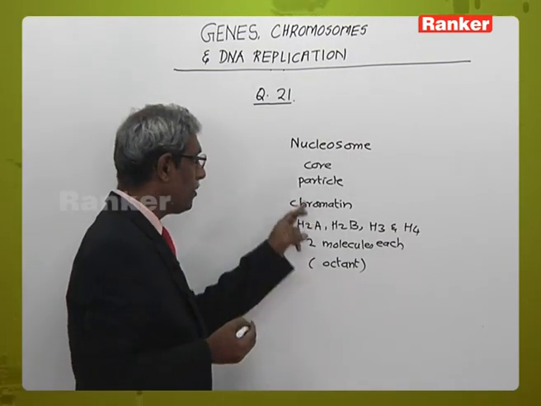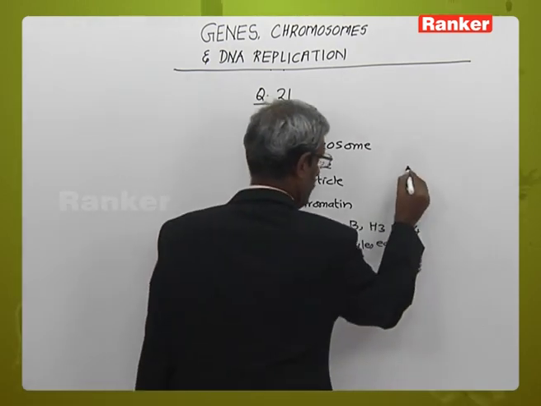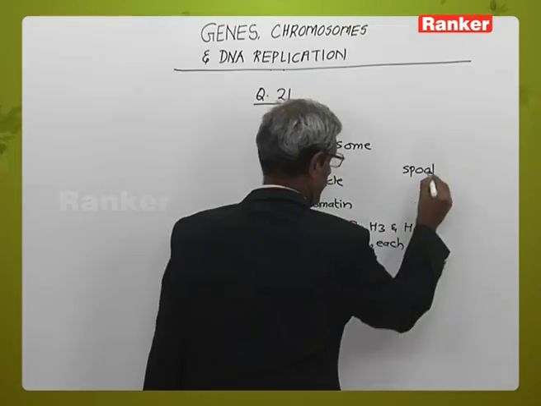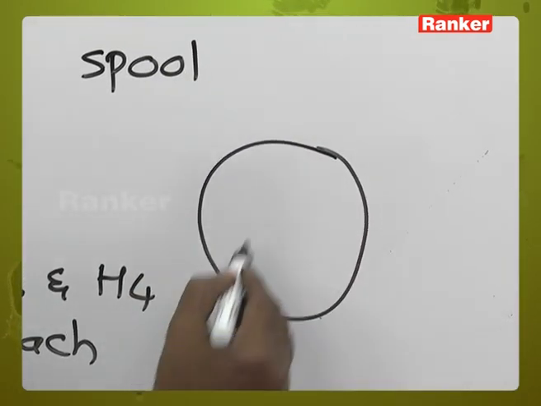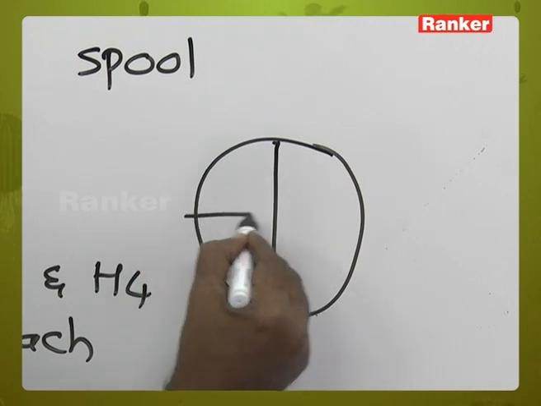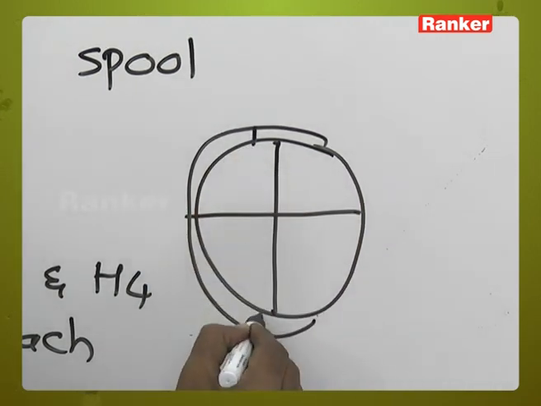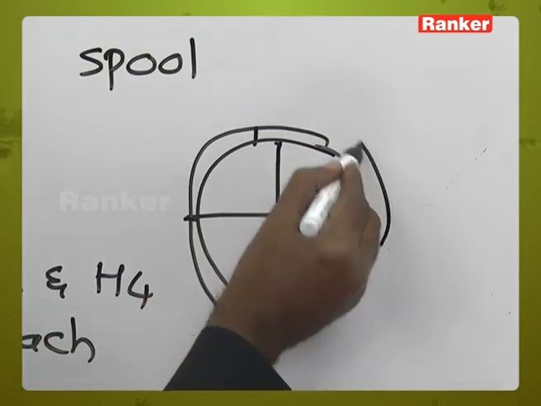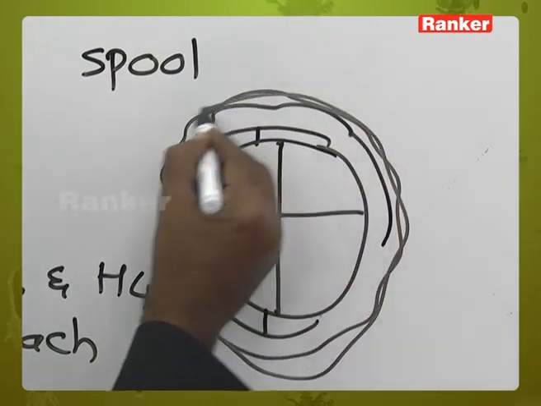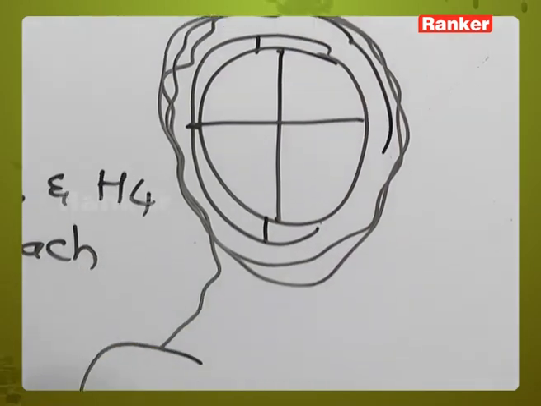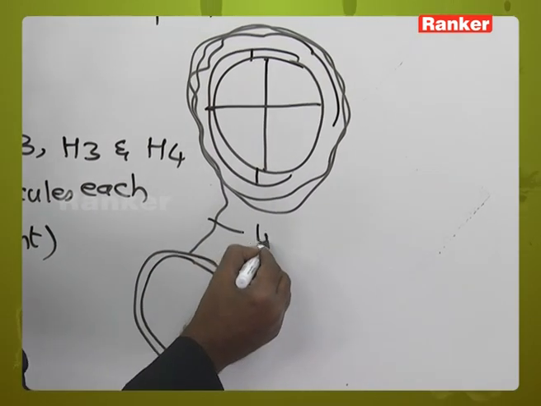The 8 molecules of the nucleosome primarily act like a sort of spool. So, around the nucleosome, which is made up of 8 particles, 4 on one side and 4 on the other side, the DNA is wound, and 2 nucleosomes are connected. Nucleosomes are connected by a linker DNA.